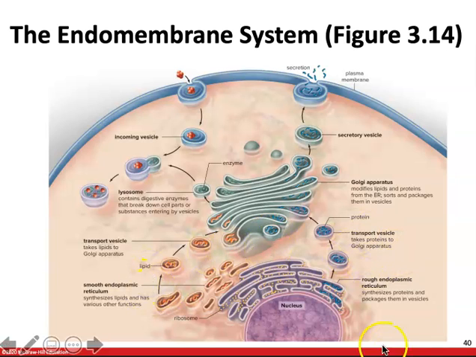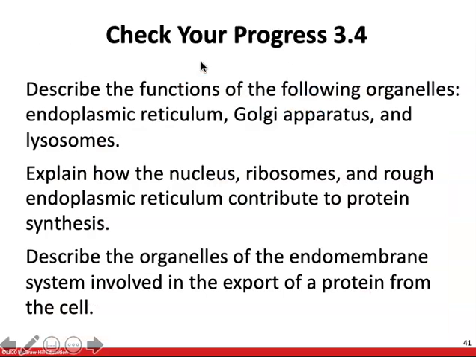From there, we're going to synthesize proteins, which are going to be secreted from the rough endoplasmic reticulum into vesicles. Those vesicles are going to be transported to the Golgi apparatus, where they'll be processed and tagged and prepared for shipment and secretion out of the cell through secretory vesicles. So if you can talk through everything that is happening in this slide, you'll have a really good understanding of what I would like you to know from this section.